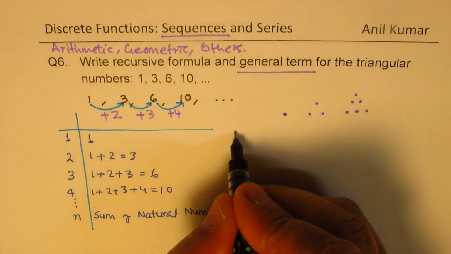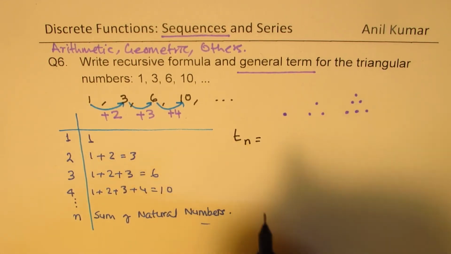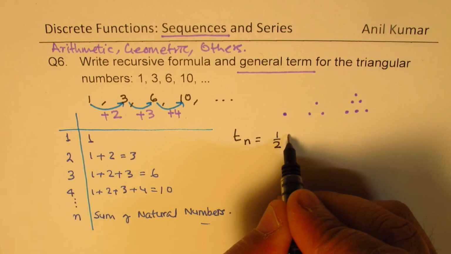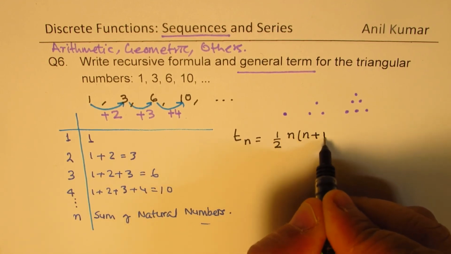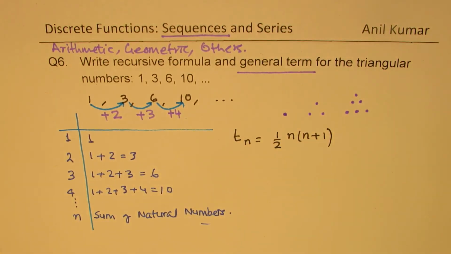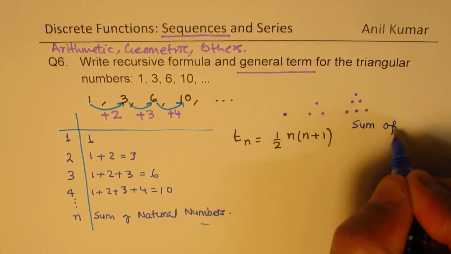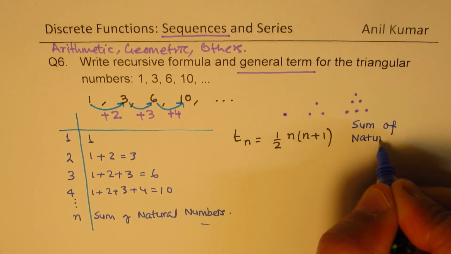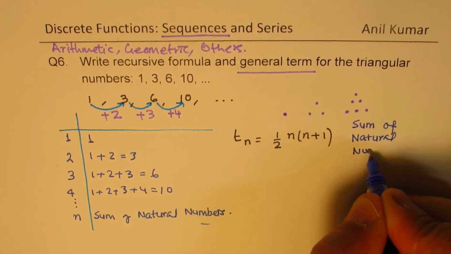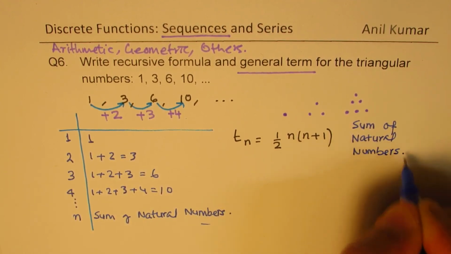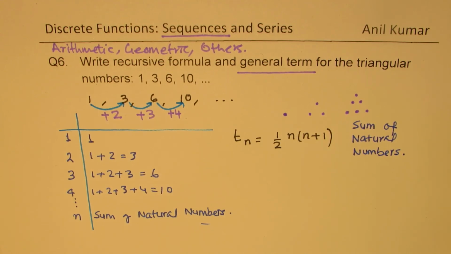So the general term here, Tn, will be equal to half of n times n plus 1, which basically is the formula for the sum of natural numbers. Is that clear to you? Right? So that is how we are going to get the formula for this particular case.